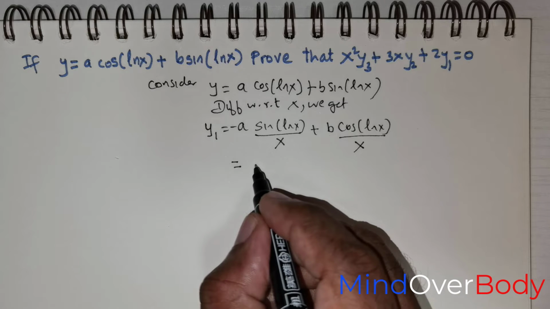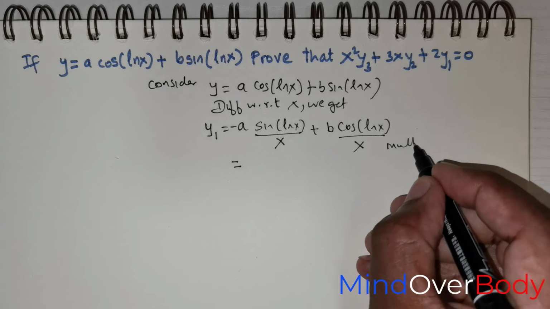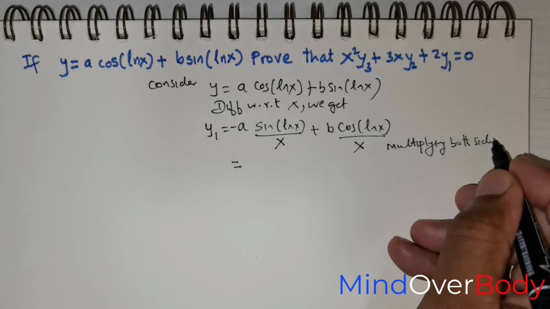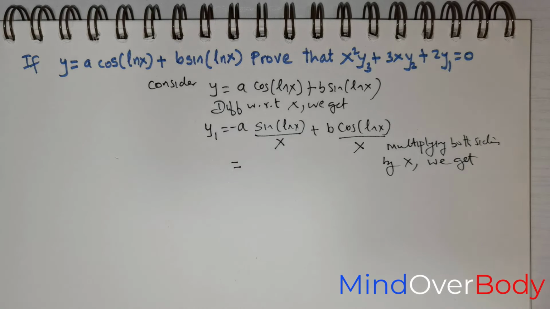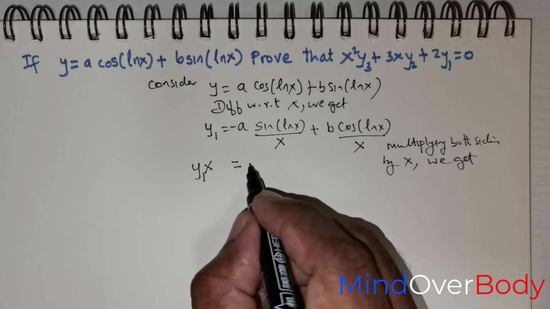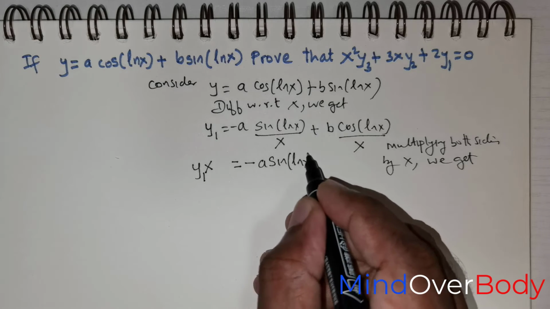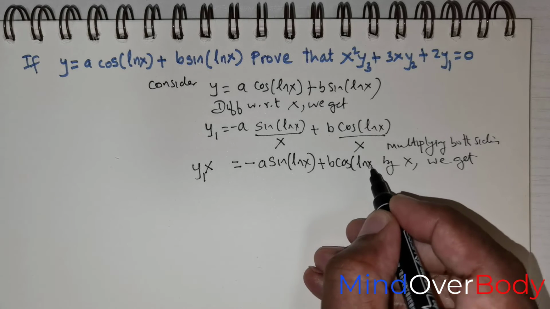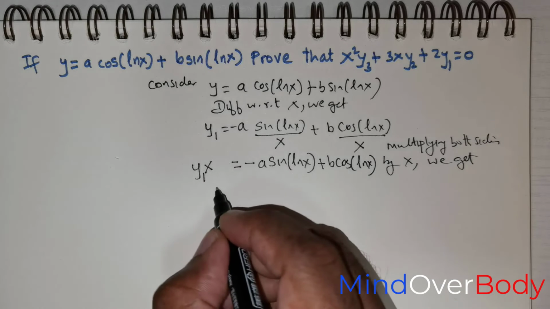So the best way is multiplying both sides by x, we get, so when we do that, this is going to be y1 times x followed by negative a times sine of ln x positive b times cos of ln x, right? So now what I would do is, I would perform the differentiation again.